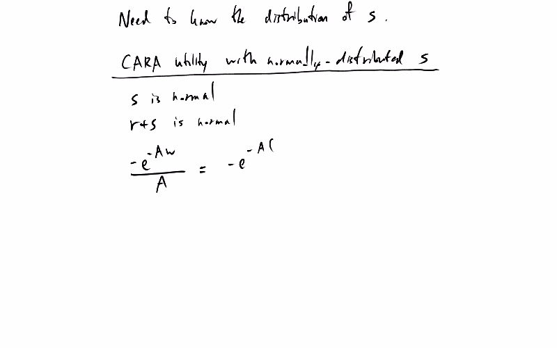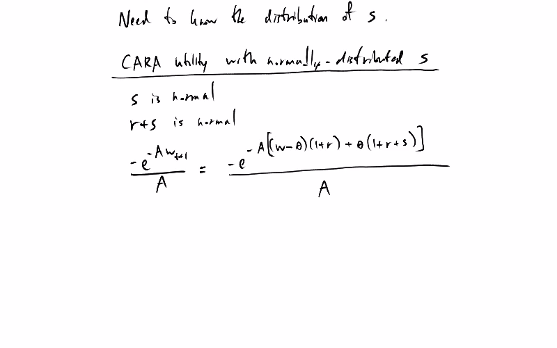I should say this is wealth in the next period, wealth at T plus 1. That's just the wealth minus the amount you invest in the risky asset, times the return of the safe asset, plus the amount you invest in the risky asset times the return of the risky asset, which is 1 plus R plus S.